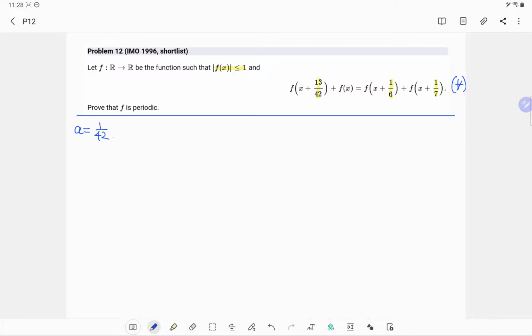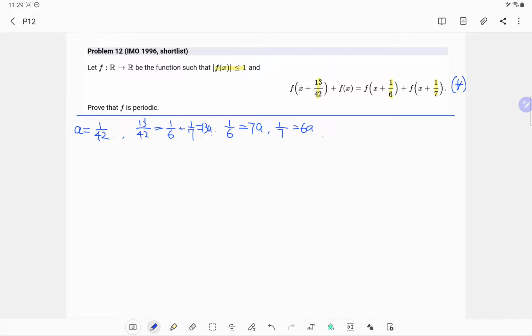In this case, we can see that 13/42 is actually 1/6 plus 1/7. Also, 1/6 is 7a, 1/7 is 6a, and this is 13a.